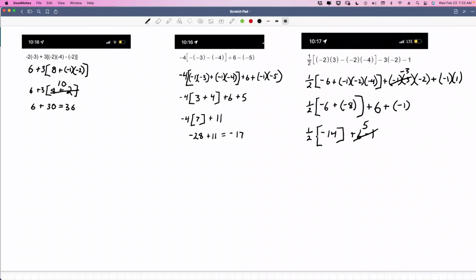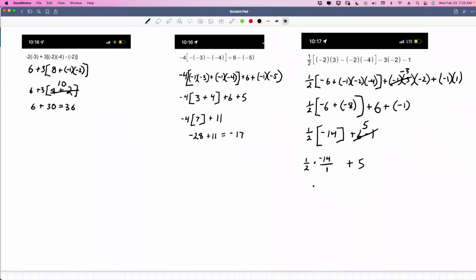All right, so now we're down to, all of this is solved within the bracket, so now we can address the multiplication times 1/2. So all you're going to do is 1/2 times negative 14, and we treat it like a fraction by putting it over 1. Okay? And then we're going to add that 5.